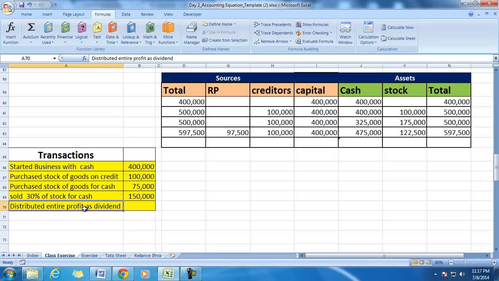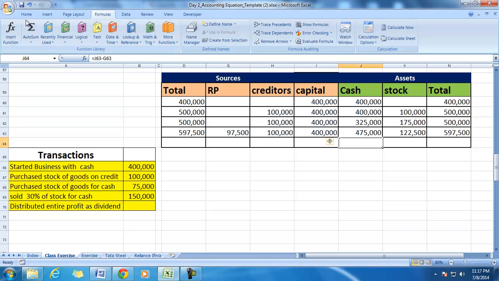However, the next transaction says the company distributes the entire profit as a dividend. When the profit is distributed, the distribution of profit is called dividend, and the dividend is given to the shareholders. The decision to give dividend is generally made by the management. The shareholders have no right to demand the dividend distribution.